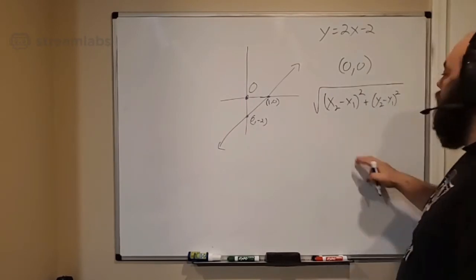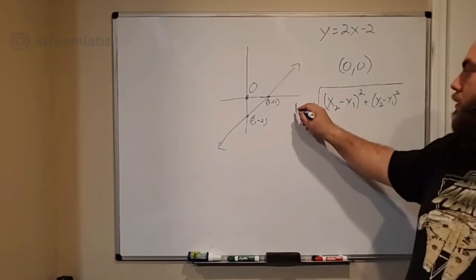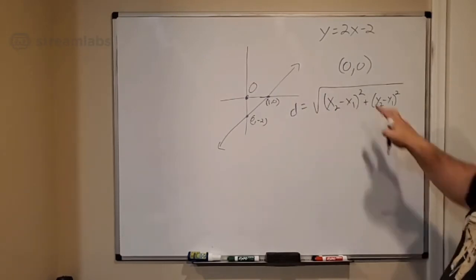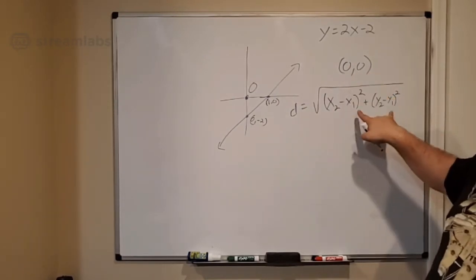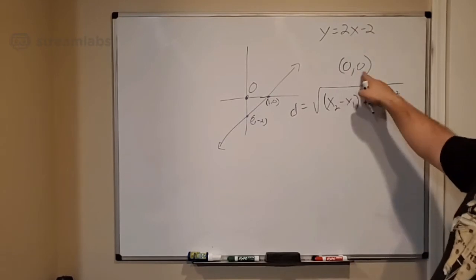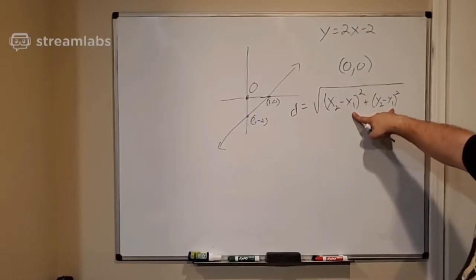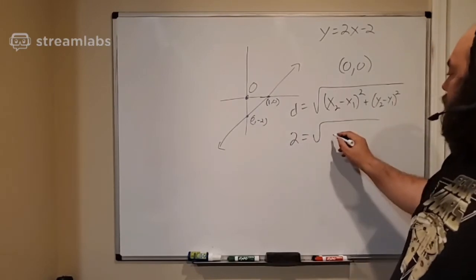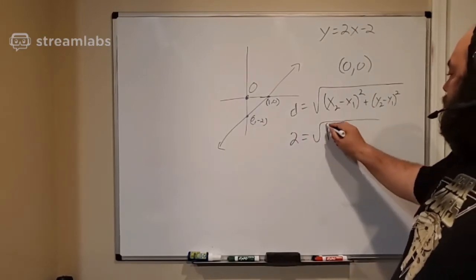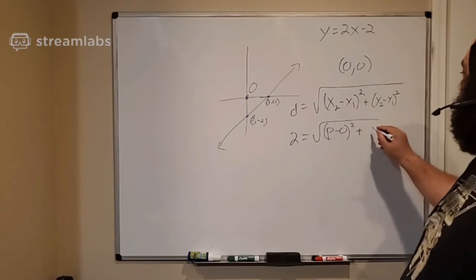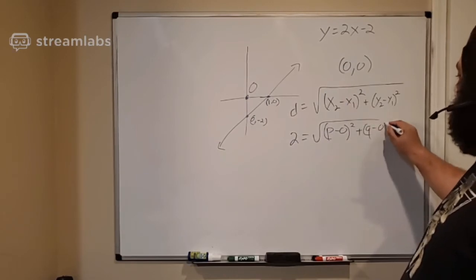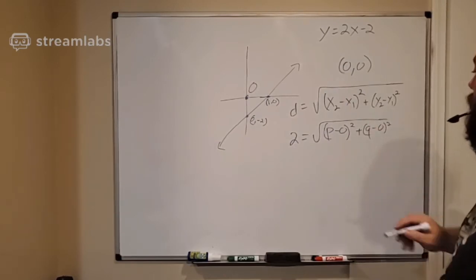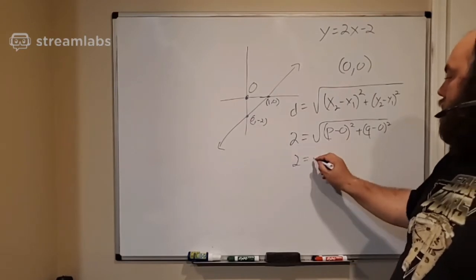So we know one of the points is 0, 0, and then we're going to solve for the other one. It doesn't matter where you put the zeros. I'm going to put it in for x1 and y1 because it just makes it easier. So 2 is equal to the square root of p minus 0 squared plus q minus 0 squared. So you get 2 is equal to the square root of p squared plus q squared.